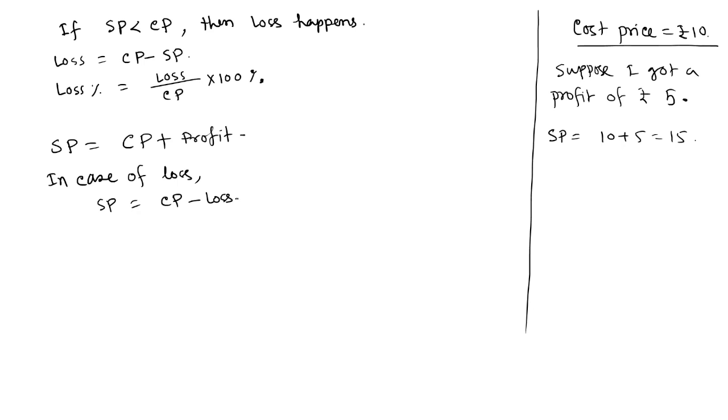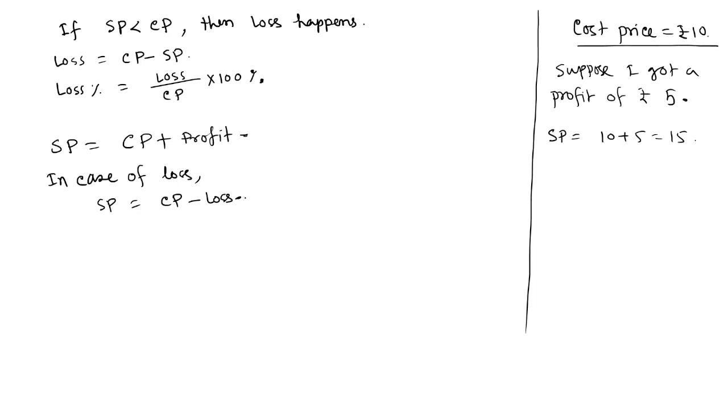Sometimes loss can be written as a negative of profit. So, that is how we can get SP if I am given the CP and the profit.